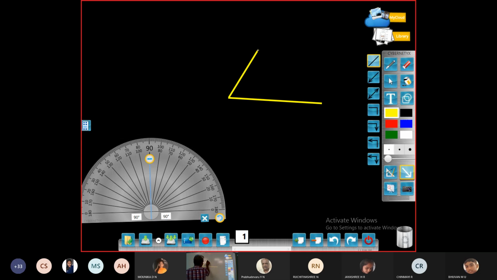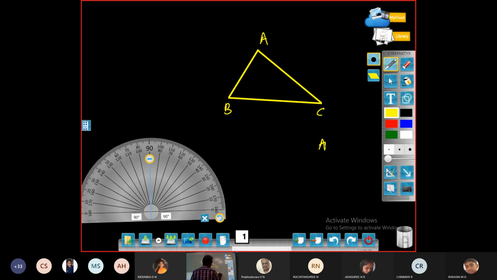Scalene triangle means all the sides should be of different length. So we have taken triangle ABC. It is a scalene triangle.